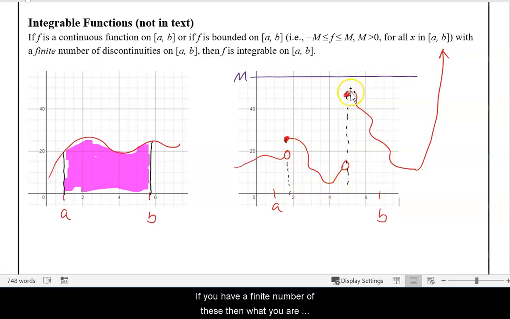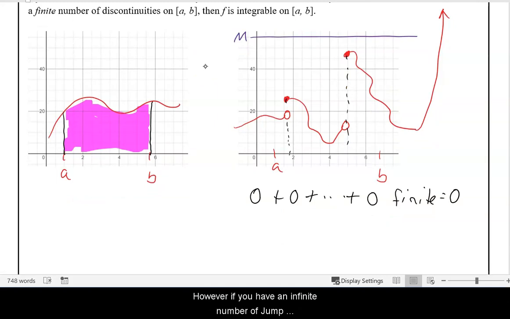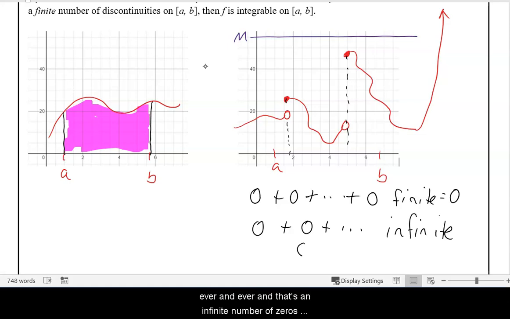If you have a finite number of these, then what you are doing in essence is adding 0 together a finite number of times. As long as this is finite, then you will end up with 0 again. However, if you have an infinite number of jump discontinuities, then you are adding 0 to itself forever and ever and ever, and that's an infinite number of zeros added together, which is the same as 0 times infinity, which you know to be an indeterminate value.